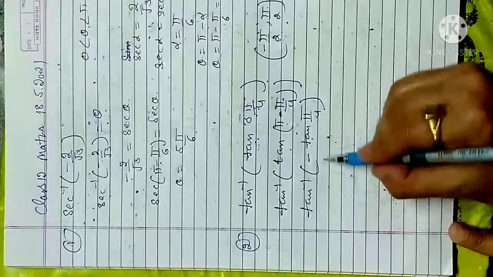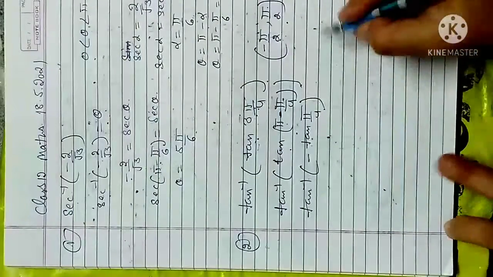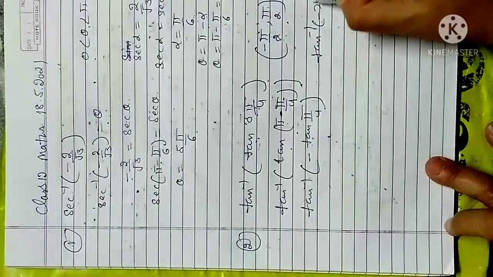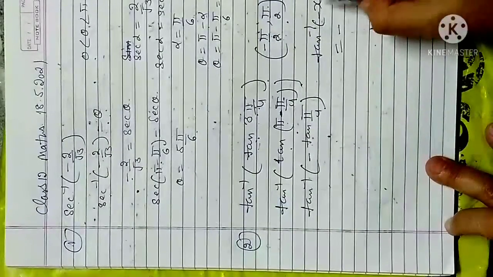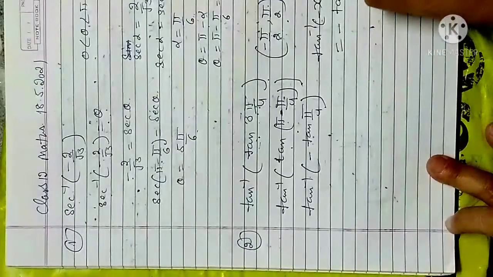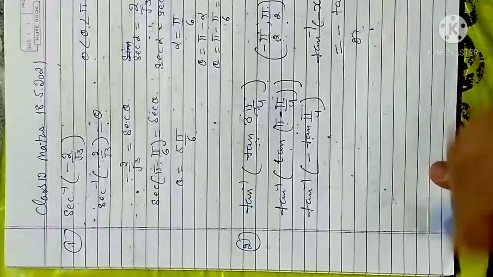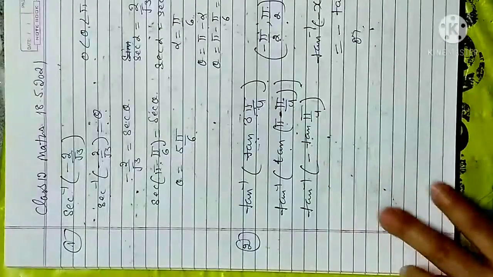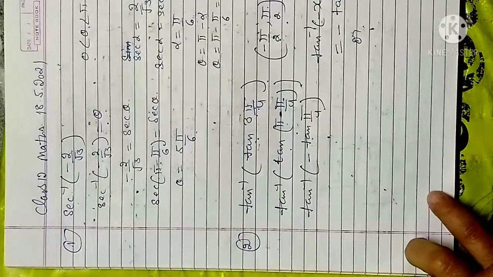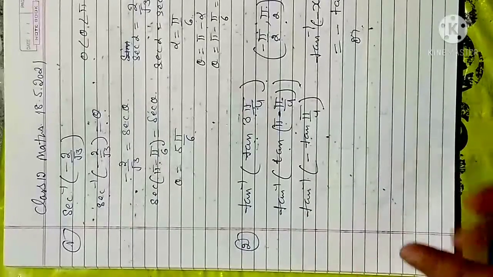We have two options to solve this type of question. One is my formula: tan inverse of minus x is directly written as minus tan inverse x. Or you can bring this negative sign here and try to find where tan is negative if x is negative.